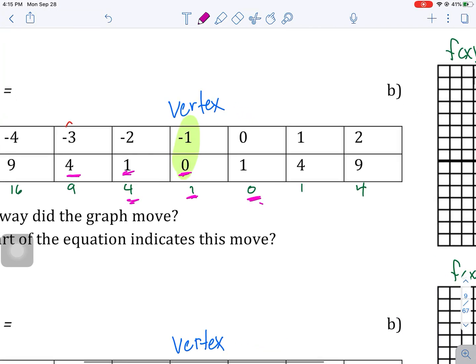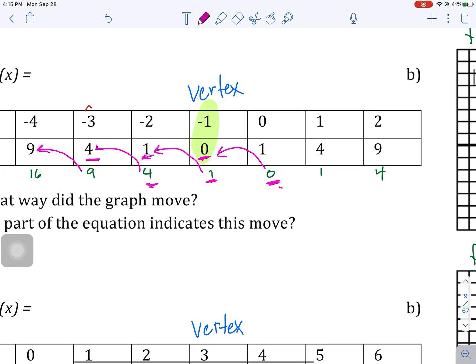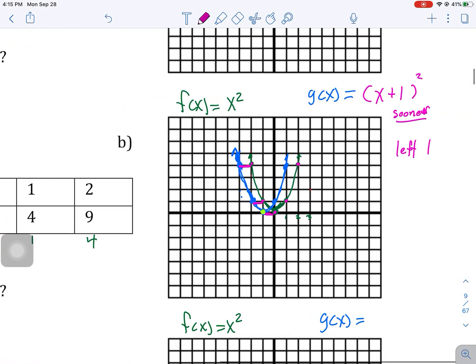You're ending up with it 1 sooner each time. Okay, so this 0 happens 1 sooner. This 1 happens sooner. This 4 happens sooner. This 9 happens sooner. Each of those are happening 1 sooner, and that's because you're starting with a plus 1.